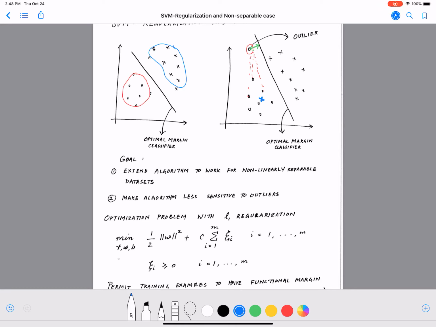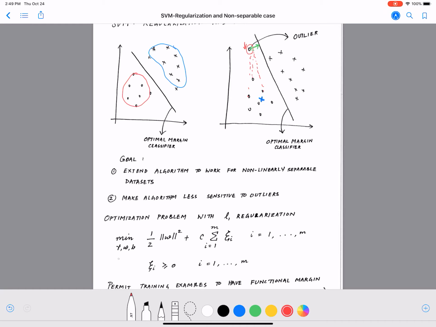So by outliers, it could be either, right? It could be ones that are on the right side but are influencing the line way too much, more than what they should, like this one. Or it could also be that they are on the wrong side of the line, and hence making the data not linearly separable.